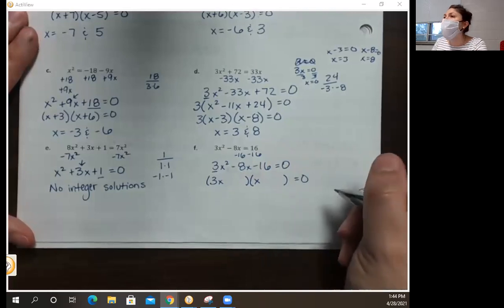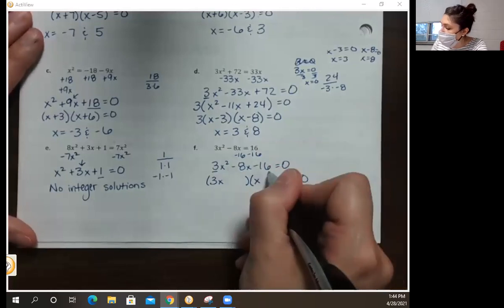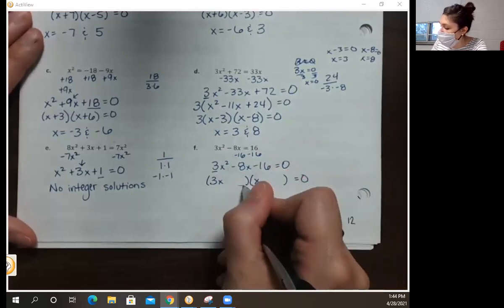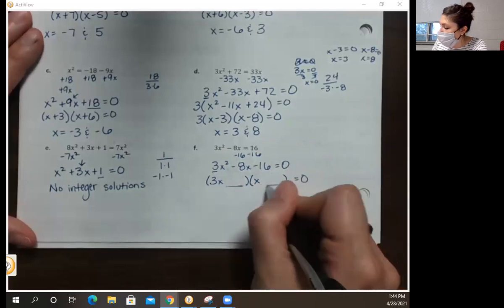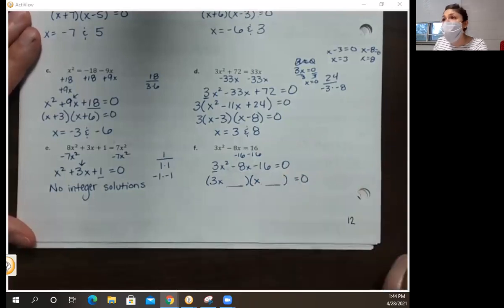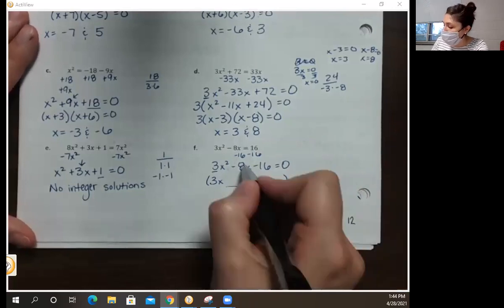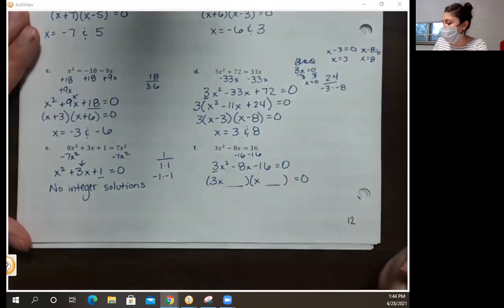So these were the little bit tougher problems to factor because we had to do a little guessing and checking here. So I'm going to need factors of -16 that I can fill in here so that when I distribute, I get -8x in the middle.